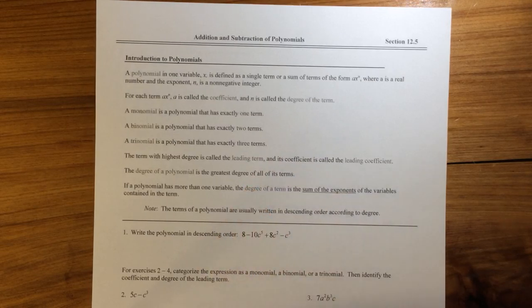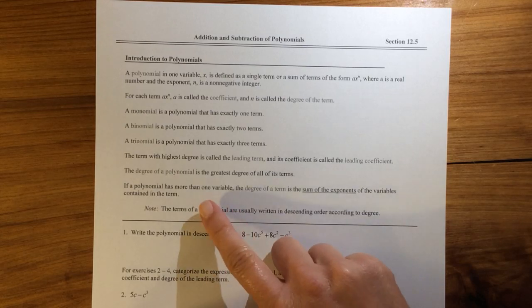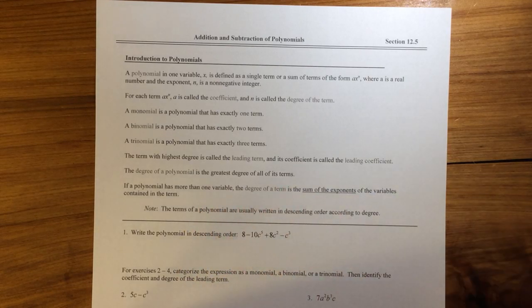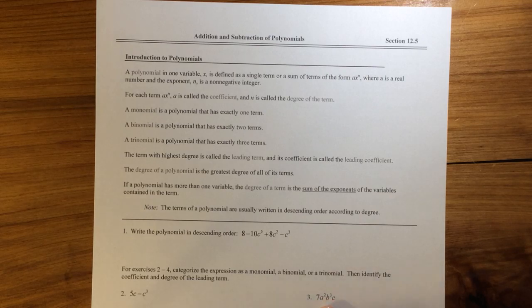If a polynomial has more than one variable, the degree of a term is the sum of the exponents of the variables contained in the term. The terms of a polynomial are usually written in descending order according to degree. So what that means is if you have more than one variable, so for example, like 3 right here, you've got a variable a, b, and c, okay?